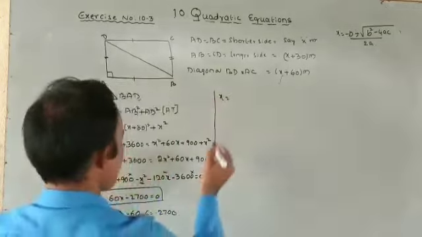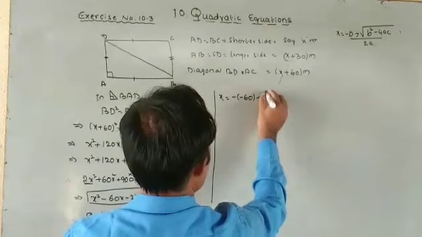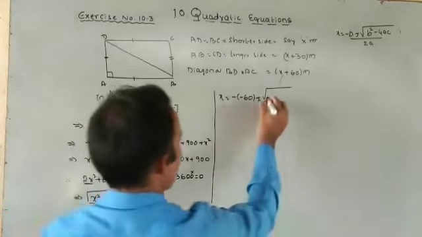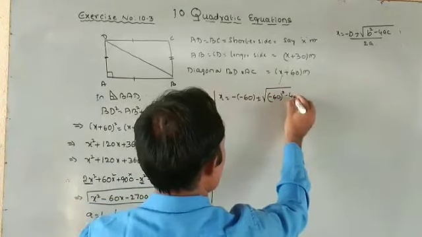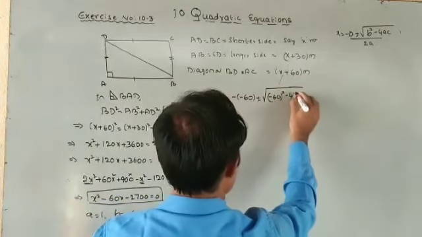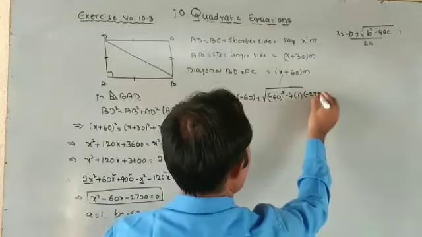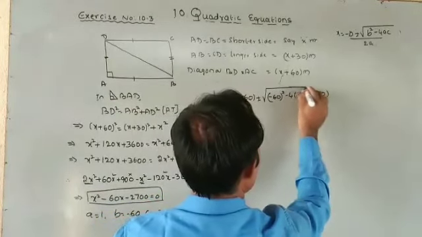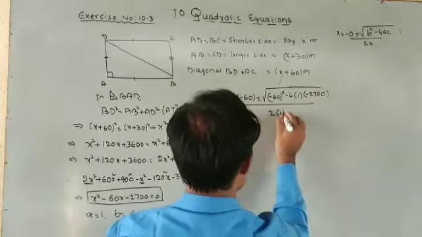x is equal to minus of minus 60, plus or minus root of minus 60 whole square minus 4 into 1 into minus 2700, whole divided by 2 into 1.